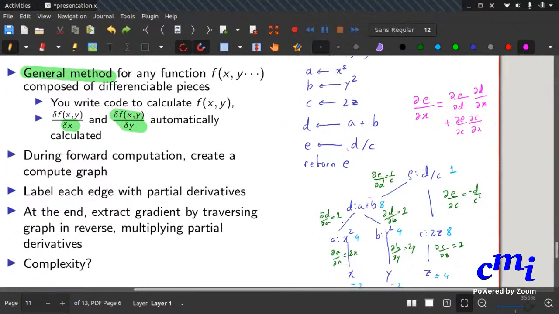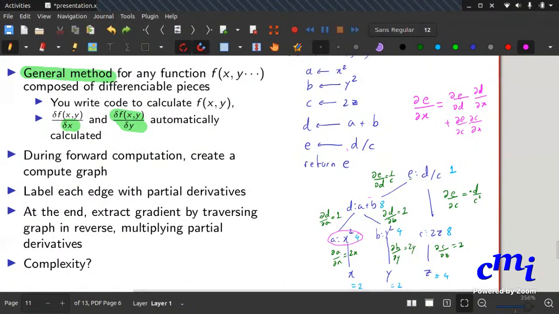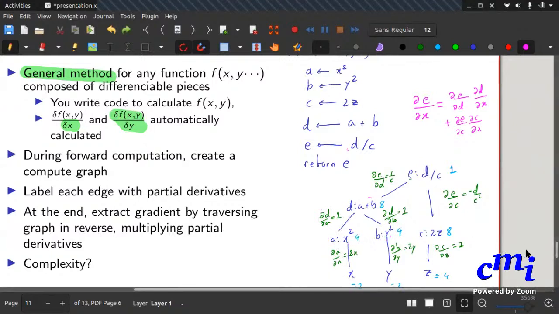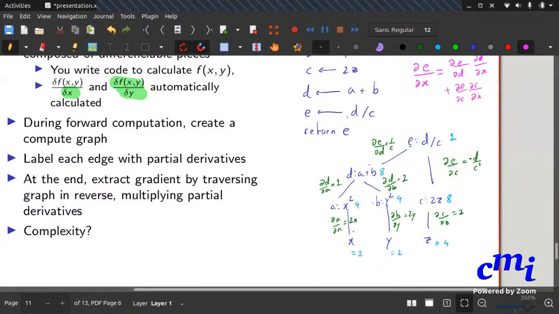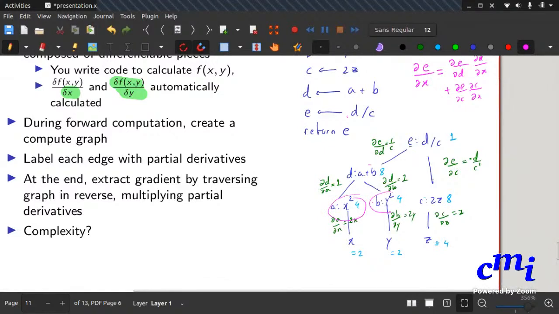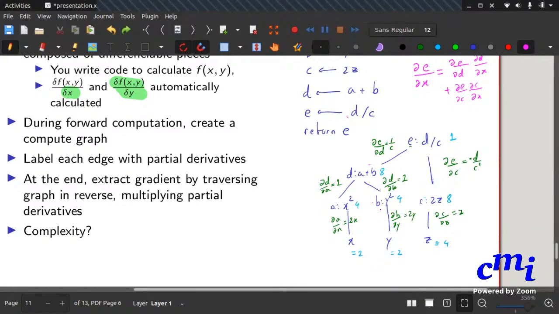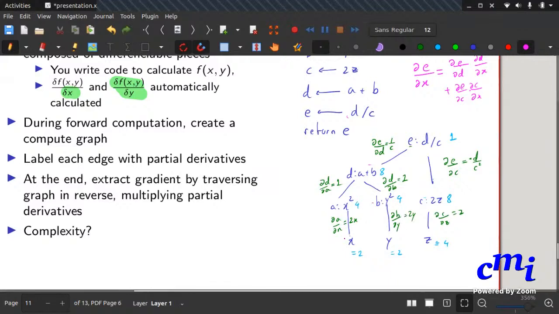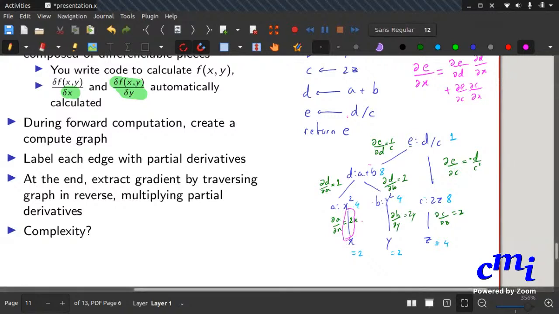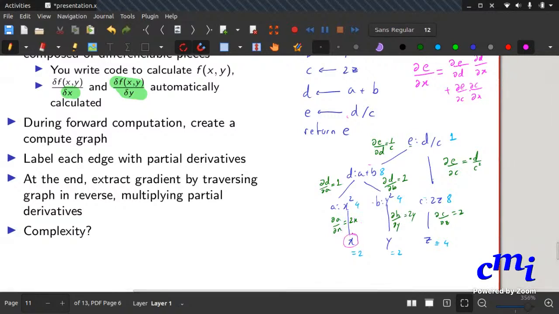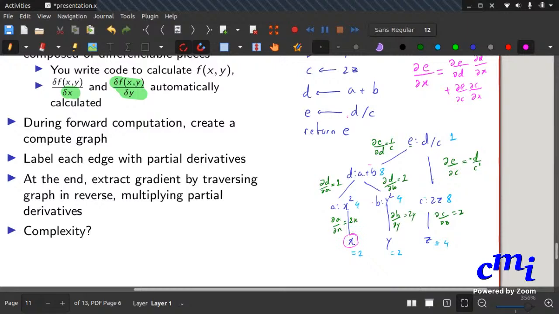And that expression is again going to be these partial derivatives along these two edges plus the partial derivative of this guy with respect to x and this guy with respect to x, right? And then you again expand that out. In general this is x squared and y squared, but it could have been any other complicated function. But even then, when you expand it out, it will just be the partial derivative labeled along each edge times the partial derivative of the next edge, right?